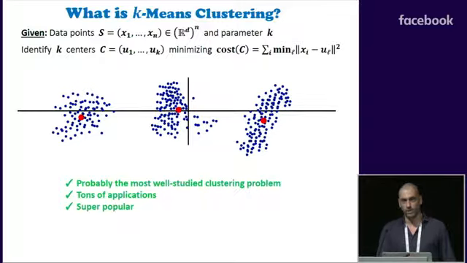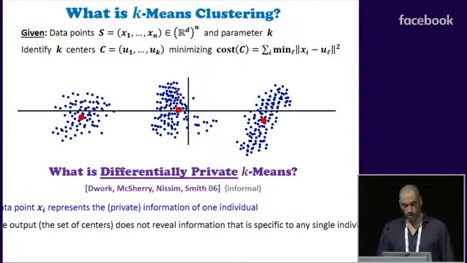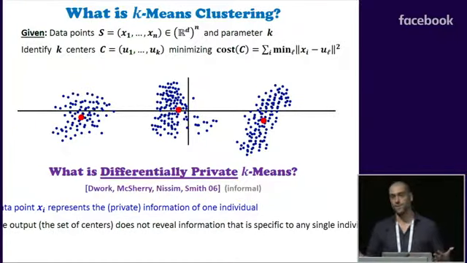But what is differentially private k-means clustering? In this model, we assume that each of these data points, each blue point here, is the private or sensitive information of one individual. Now we want to achieve exactly the same goal. We want to come up with k centers with low k-means cost, but we want to do it while also satisfying some notion of privacy for each individual whose data is in this database.